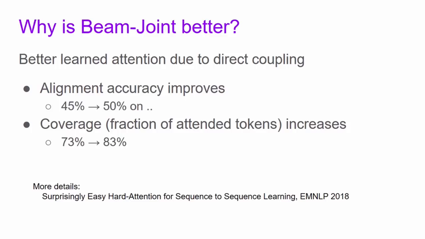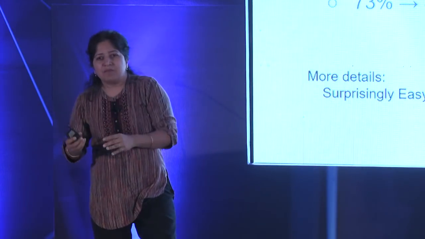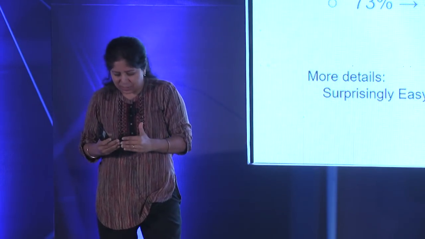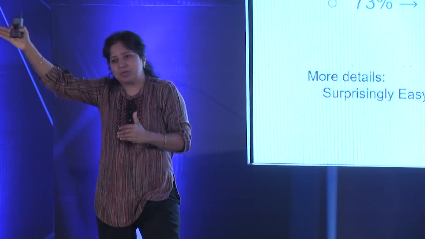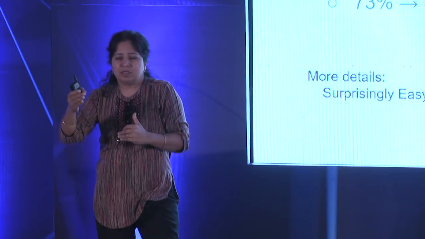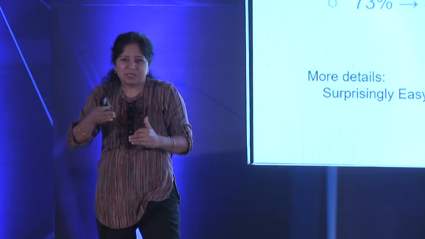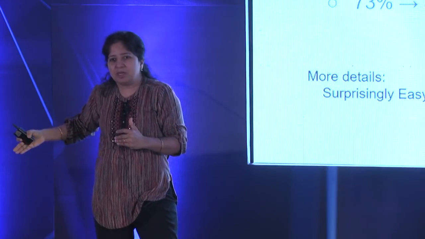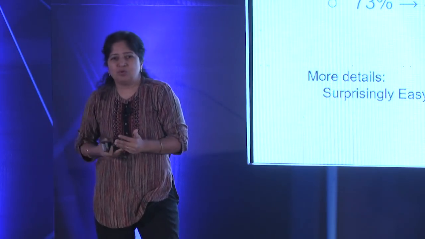So if you think of the attention variable as alignment, then the alignment accuracy improved by using this joint attention. Another indirect evidence of improved alignment is what is called coverage. If you look at the input side, across the different tokens that you generate in the output, there is a total amount of cumulative attention that each token in the input sees over the different output tokens.